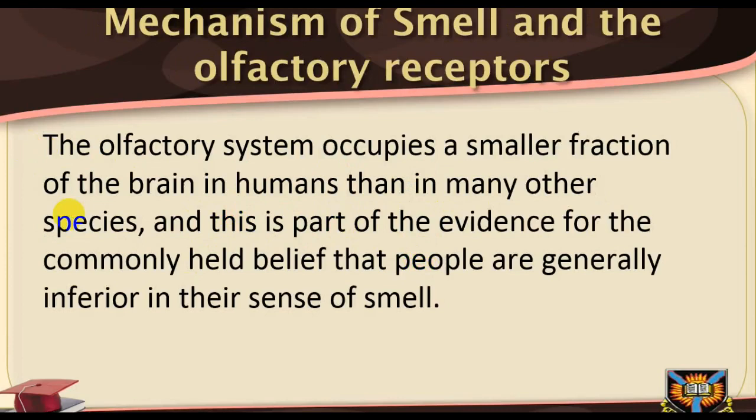The olfactory system occupies a smaller fraction of the brain in humans than in many other species, and this is part of the evidence for the commonly held belief that people are generally inferior in their sense of smell.